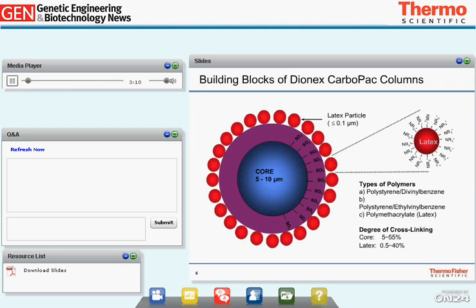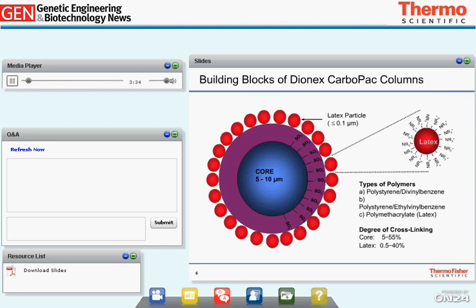There are two key resin types in Carbopac columns. One of them is shown here. We see a schematic representation of a latex-based pellicular resin bead. The bead consists of 3 regions. Region 1, an inert, highly cross-linked, non-porous ethyl vinyl benzene divinyl benzene core.